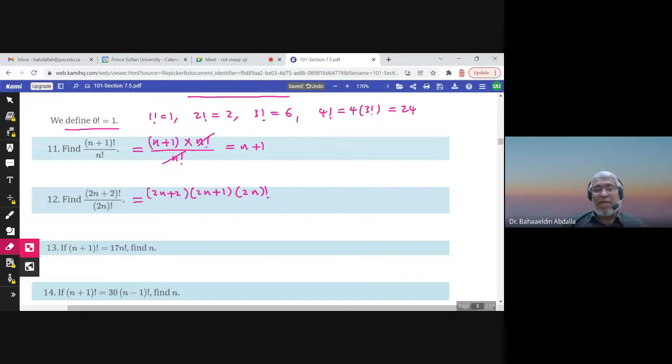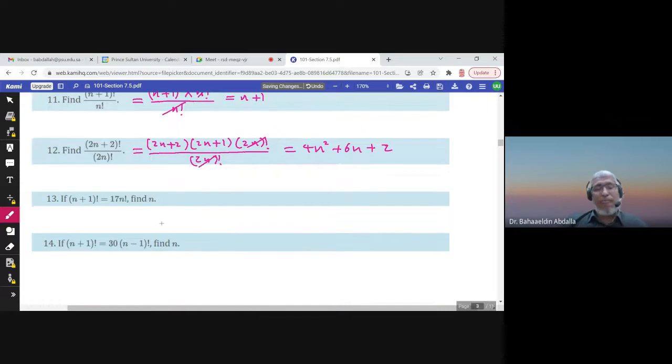Because I see that in the denominator, I have 2n factorial. So I can cancel 2n factorial with 2n factorial, and this would be the answer, 2n plus 2 times 2n plus 1. If you want, you can expand them. So I'll have 4n squared, 4n plus 2n is 6n, and 1 times 2 is 2. So this is the answer.